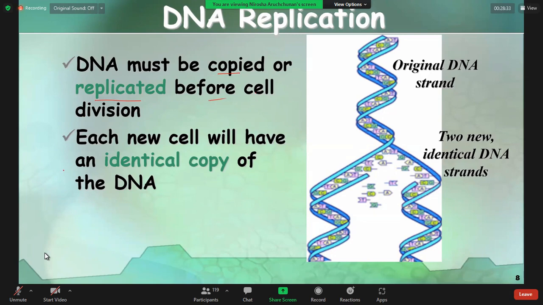And each new cell will have an identical copy of DNA. The original DNA strand comes from the parent, and from the original DNA strand the DNA replication is going to happen. So this process is DNA replication, and it starts before the cell division.